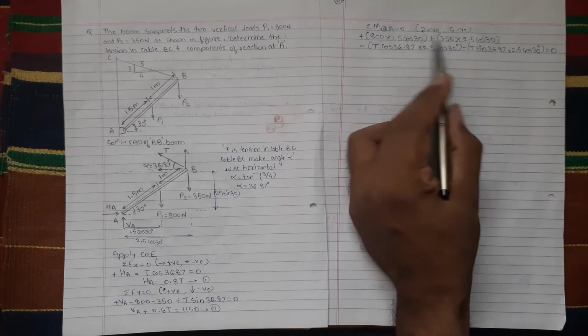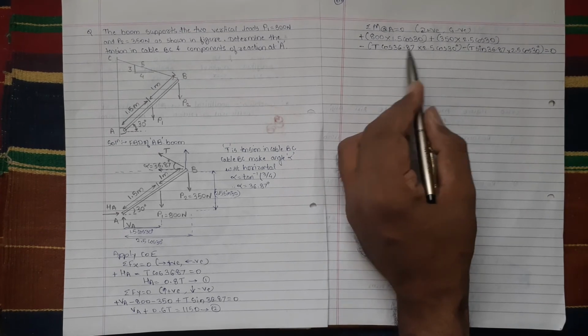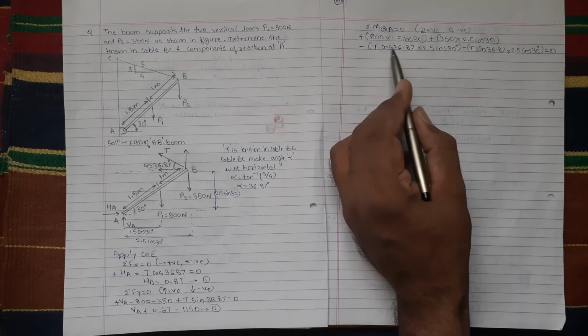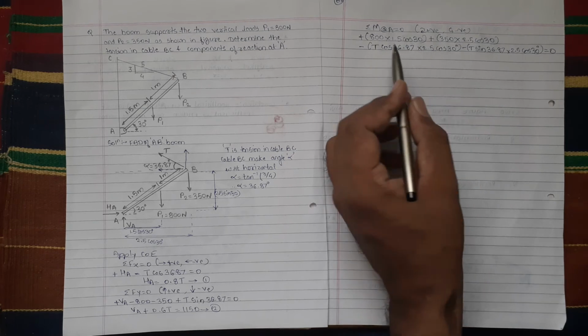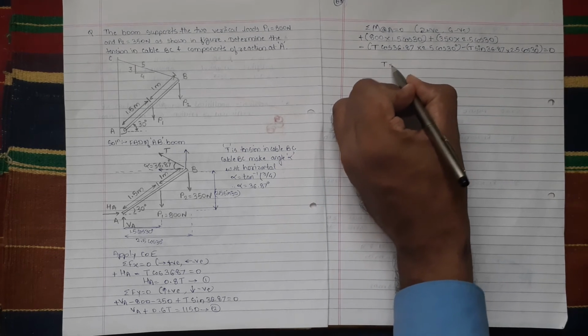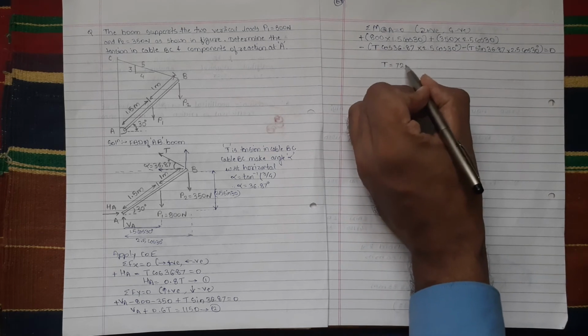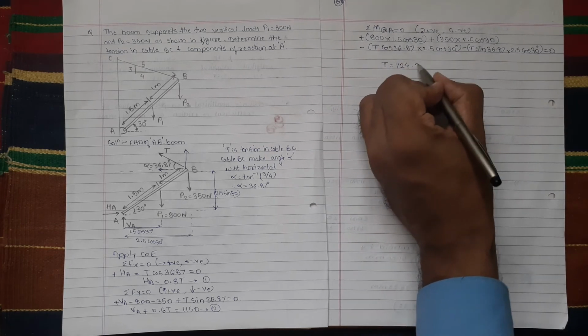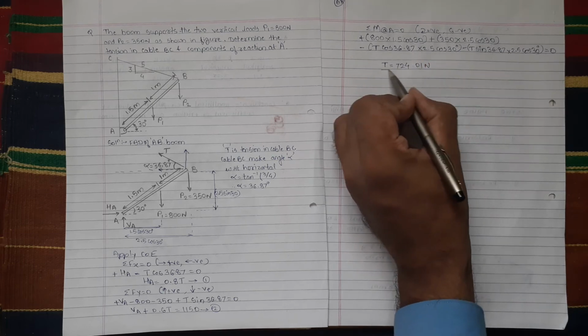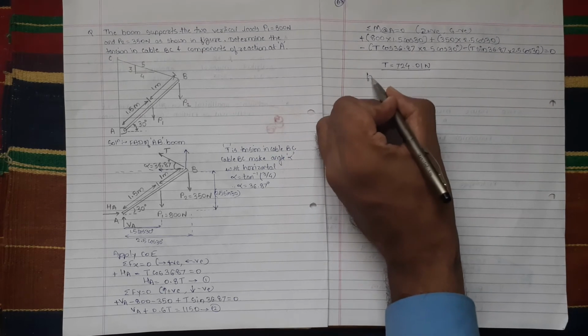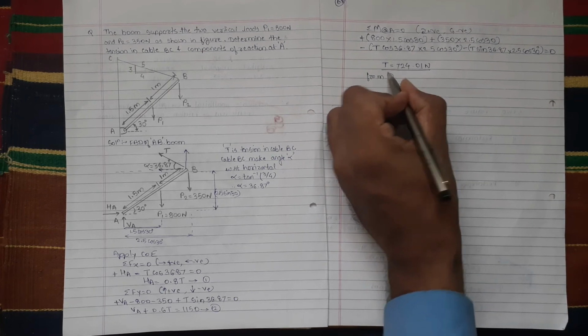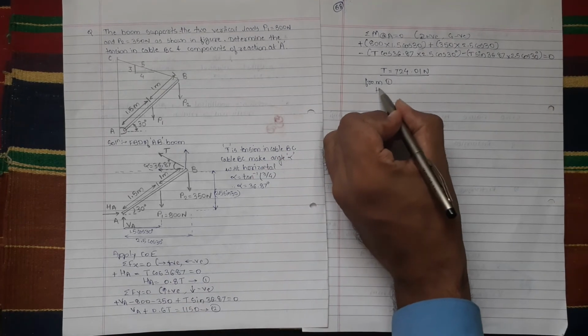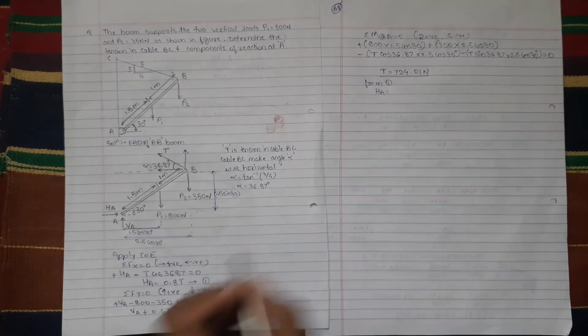We'll simplify this equation. Here there is only one unknown, which is T. On simplification of this entire equation, we get the value of T, and it comes to be 724.01 Newton. So we got one answer. Now from 1 we get the value of HA. HA was equal to 0.8T.